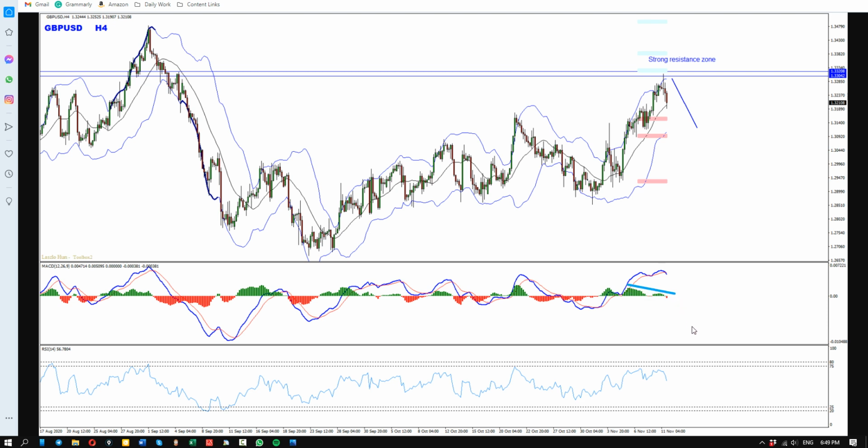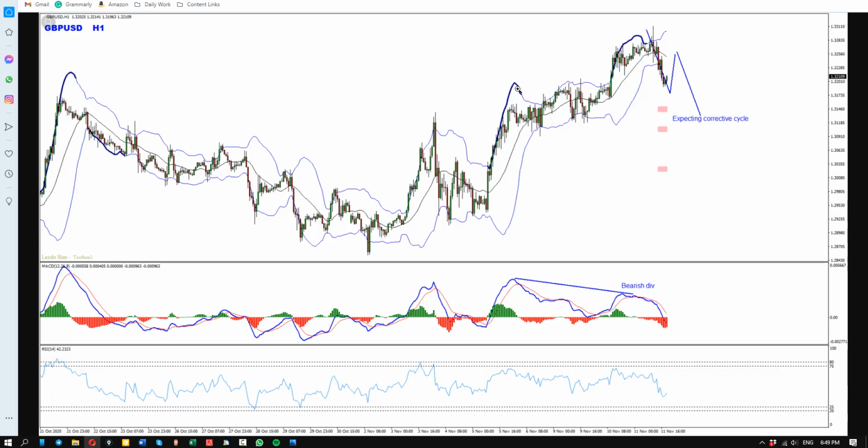Then we start to see divergence. It starts with the MACD, and it is also on our RSI, which looks good. So I go to the next time frame, the 1 hour chart, and what I am able to find is that on this very wave that is developing, we got a massive divergence, and each wave starts to be smaller and smaller.